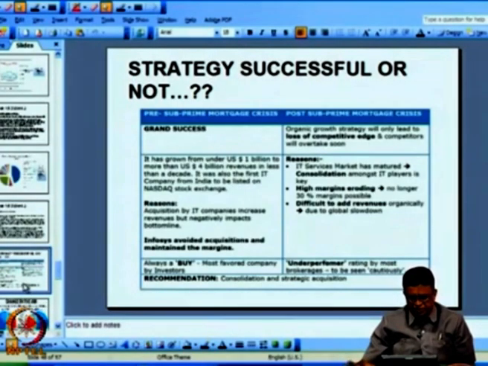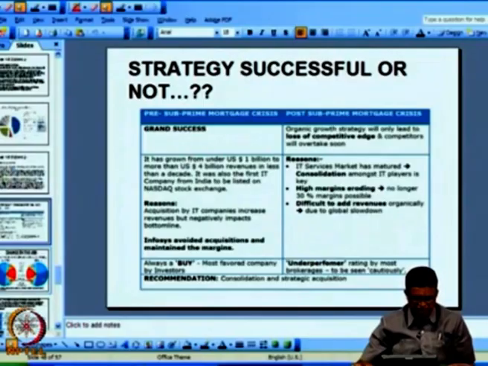Then strategy, whether it is successful or not. So, there is a recommendation which is made. This is a group recommendation. If you really see, always a buy, most favored company by investors, underperformer rating by most brokerages, to be seen cautiously. So, the recommendation is consolidation and strategy acquisition.